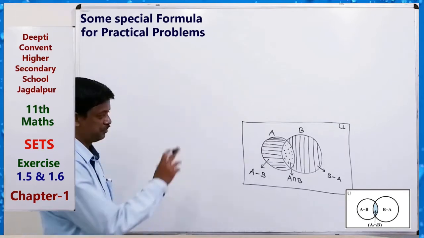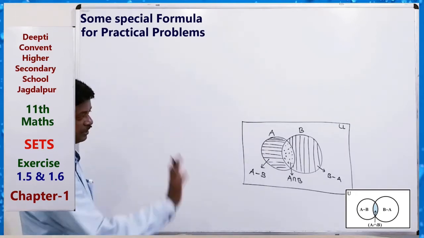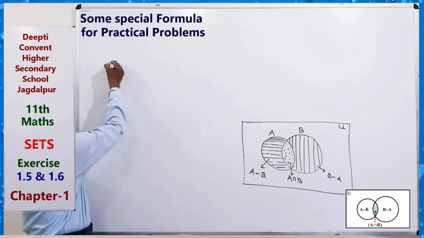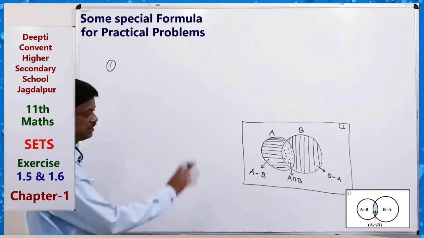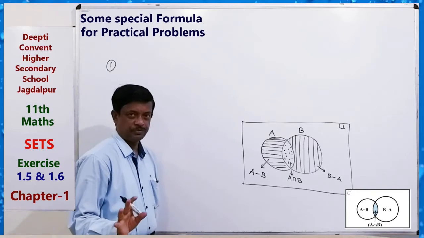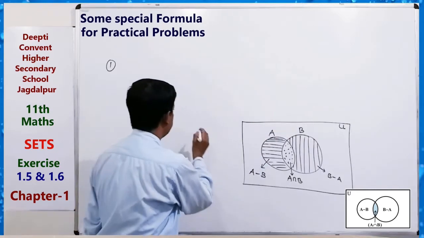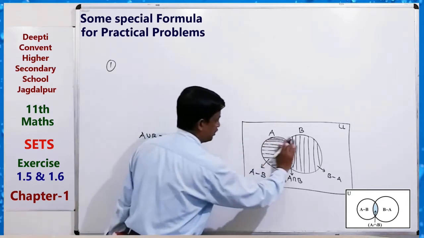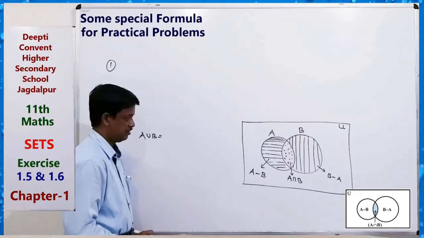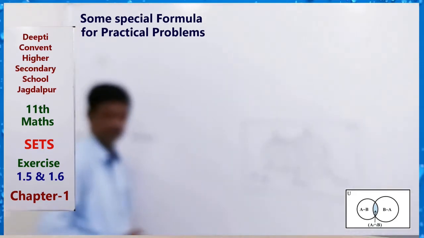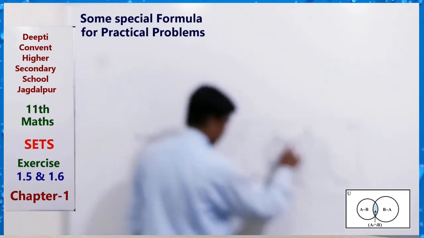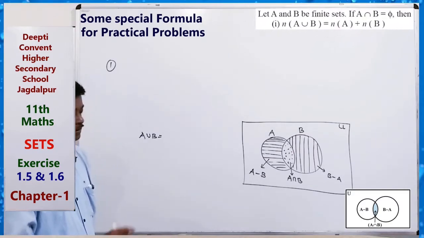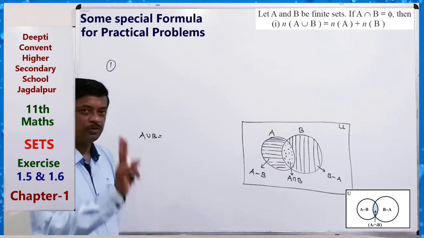Okay. So from here we can see that our first formula is for the union of A and B. We see that A union B is this complete part. But here A intersection B is involved two times.